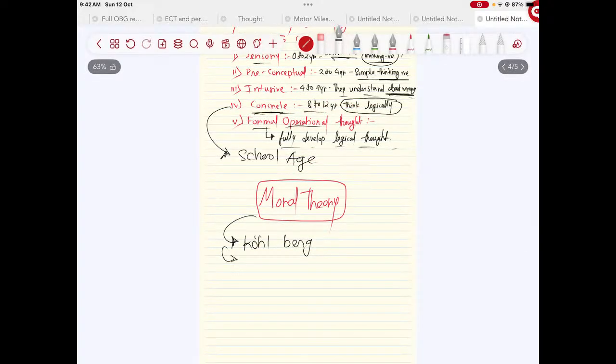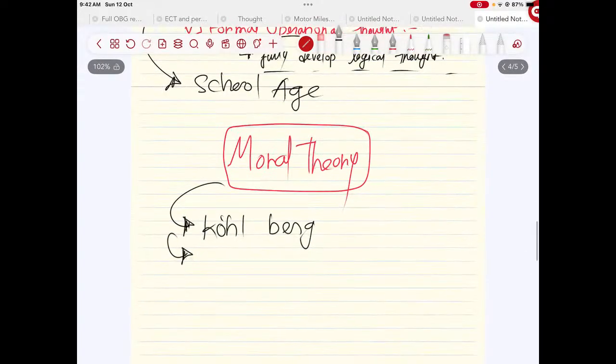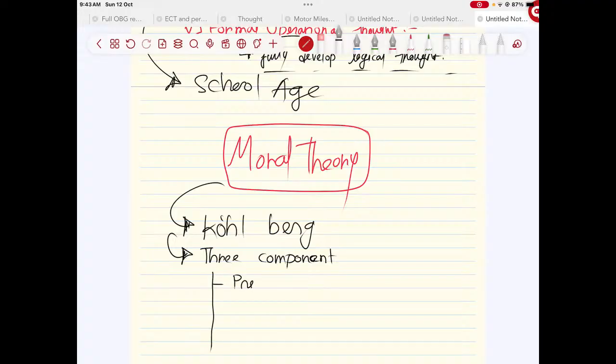How many components? There are a total of 3 components. What are the 3 components? First, pre-conventional. Next, conventional.